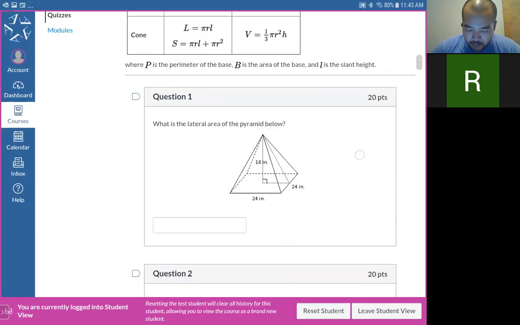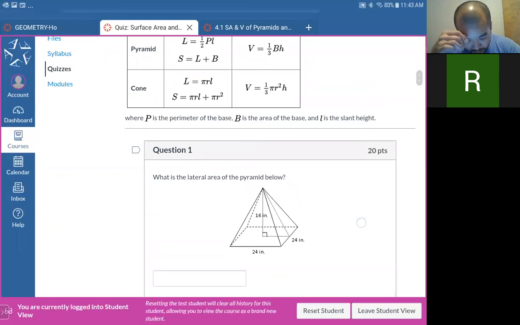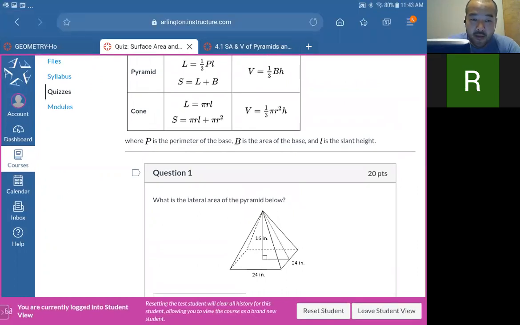Formulas, lateral area of the pyramid. So lateral area of your pyramid is going to be 0.5 times perimeter, which is 24 times 4. And then the slant height. Ooh, we use Pythagorean theorem for this one.